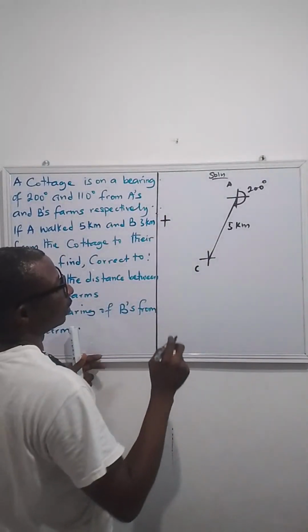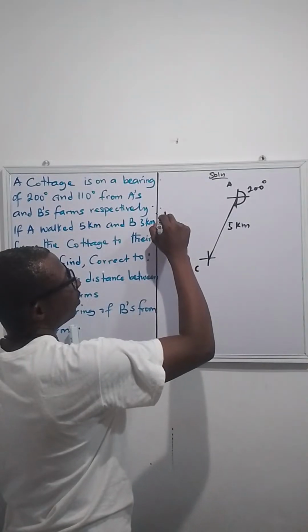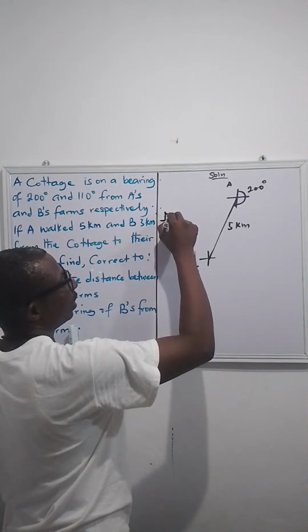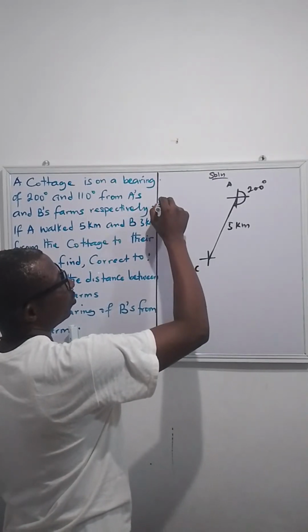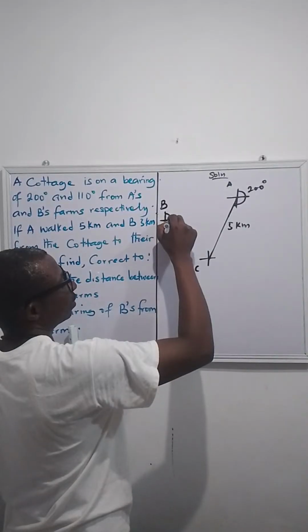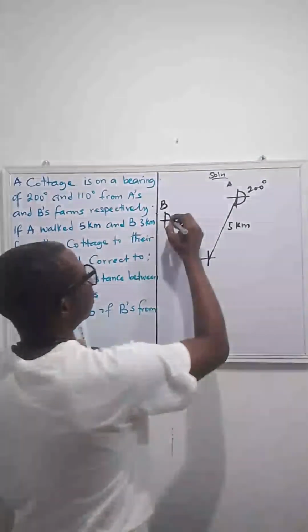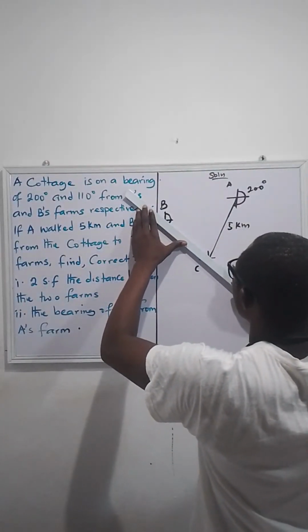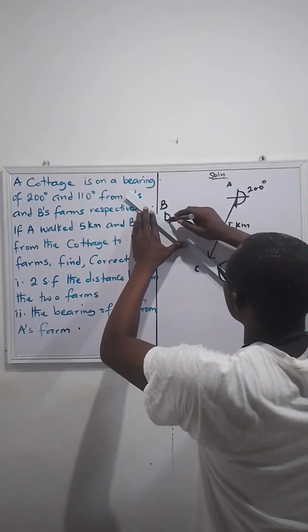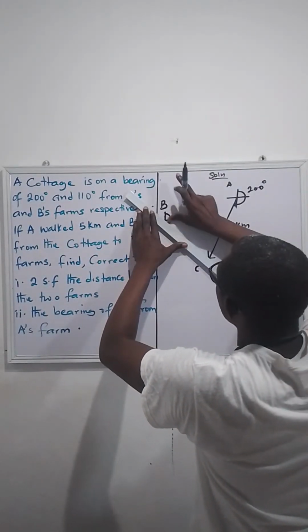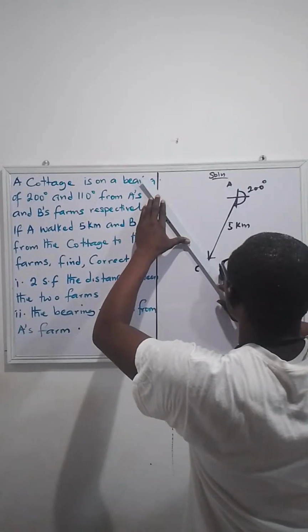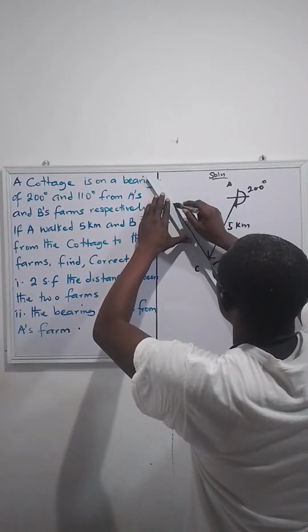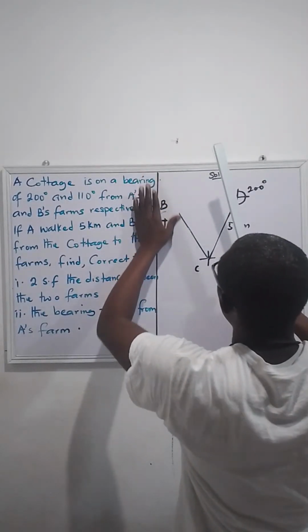So, and I want to do 110, sorry, 110. So you move down 110 from B. Okay, so we can now connect that. Let's do it this way.